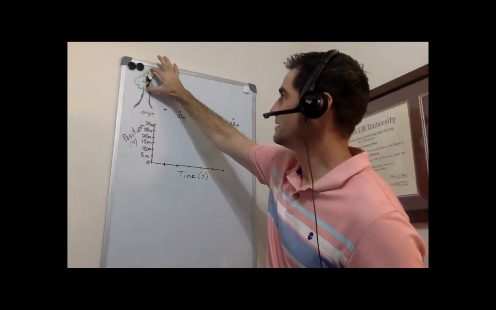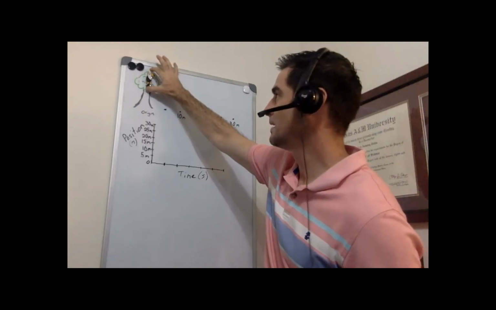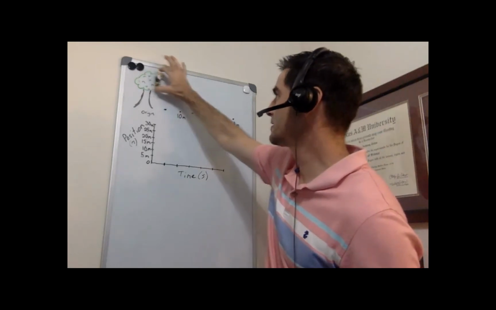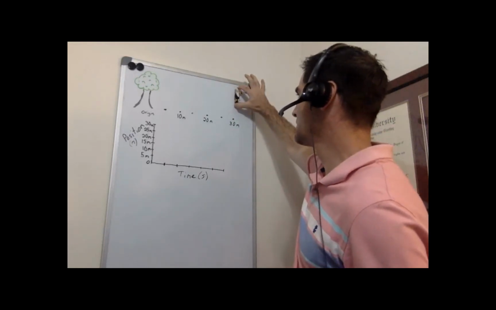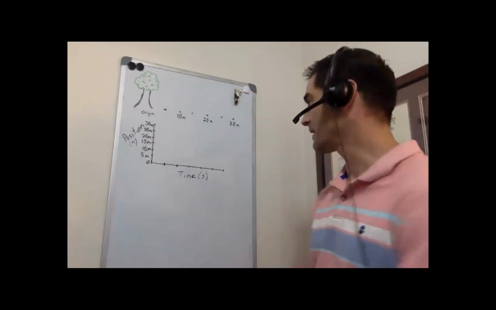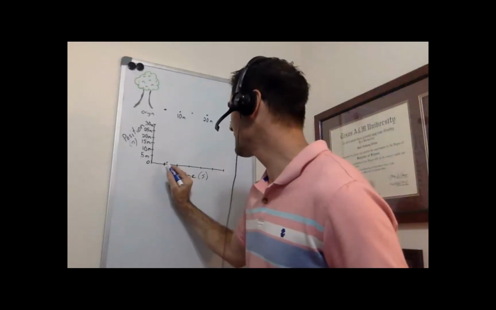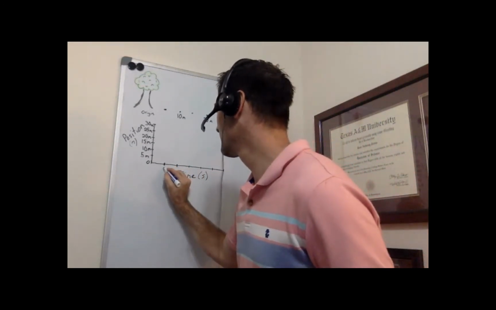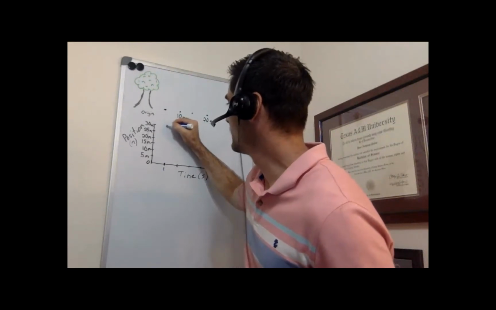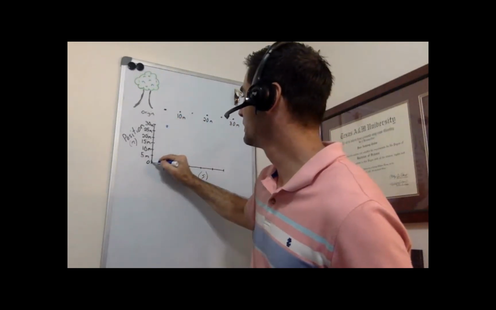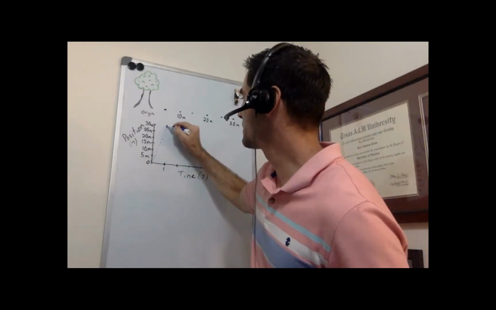So Toucan Sam took off in this direction. He flew all the way out to 30 meters in 1 second. So after 1 second, he went from 0 to 30 meters.